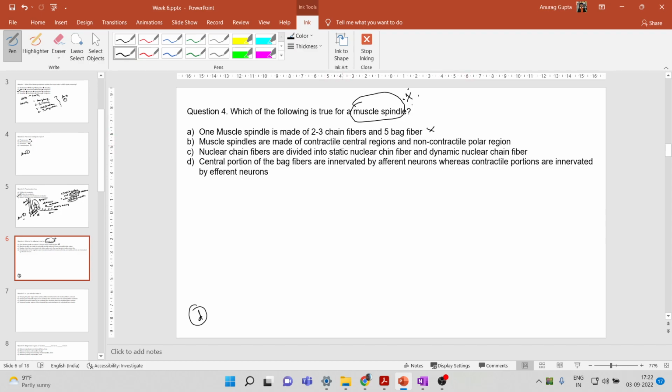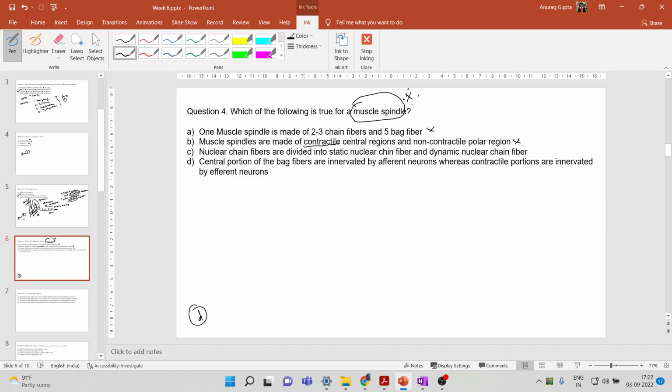A muscle spindle has intrafusal fibers whose central region is non-contractile, and the polar region is contractile. The central region is innervated by proprioceptor sensory endings, the primary and secondary sensory endings, and the polar regions are contractile and innervated by gamma motor neurons. So this is again the wrong answer.